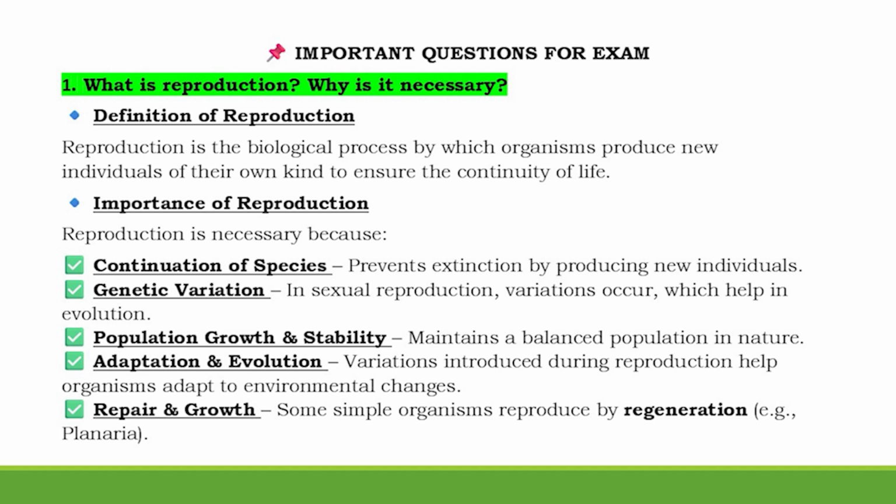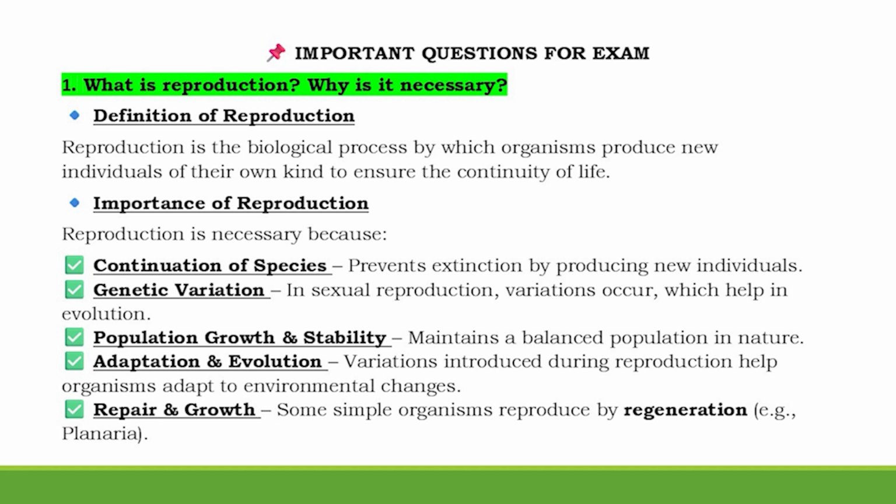Importance of reproduction. Reproduction is necessary because continuation of species prevents extinction by producing new individuals. Genetic variation: in sexual reproduction, variations occur which help in evolution. Population growth and stability: maintains a balanced population in nature.